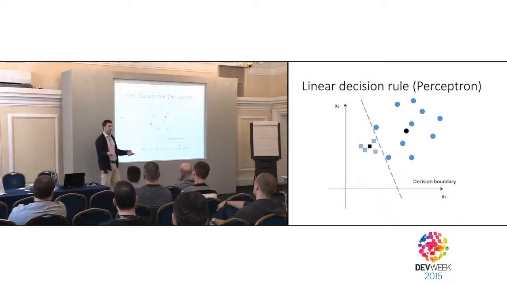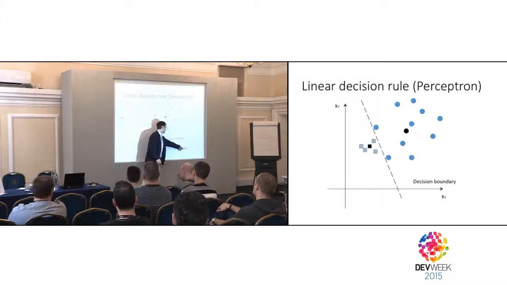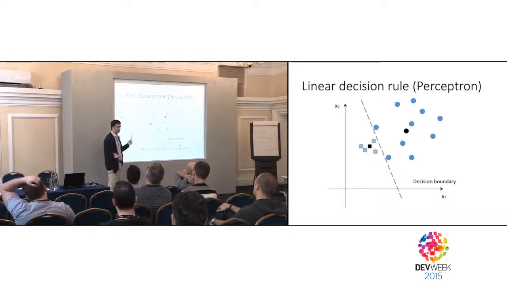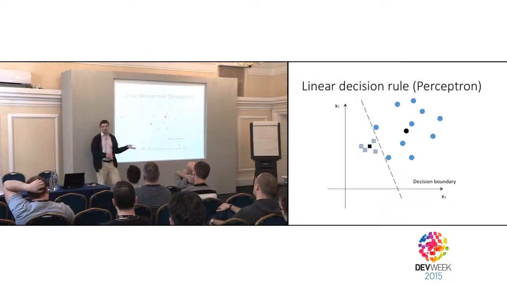We take our features, submit them into this expression, compute this weighted sum, add bias, and submit the result into the step-like activation function and receive the class label. For example, -1 would be class A, +1 would be class B.